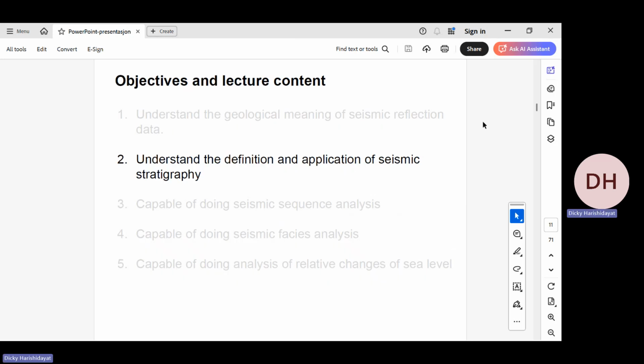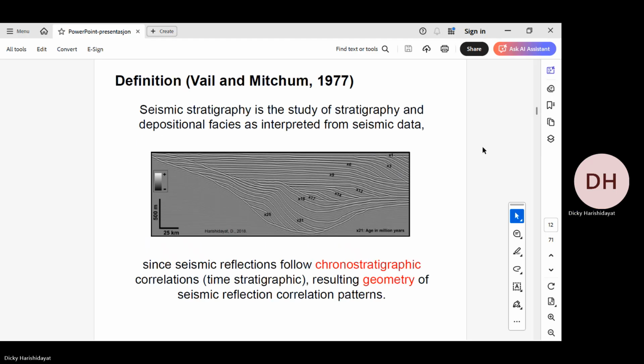All right, the second objective is about the definition and application of seismic stratigraphy. This is one of the definitions by Peter Vail and Robert Mitchum in 1977 in AAPG Memoir 26.